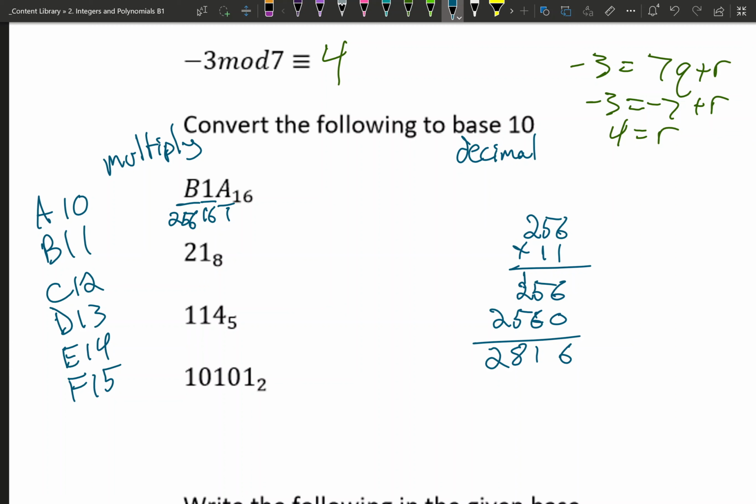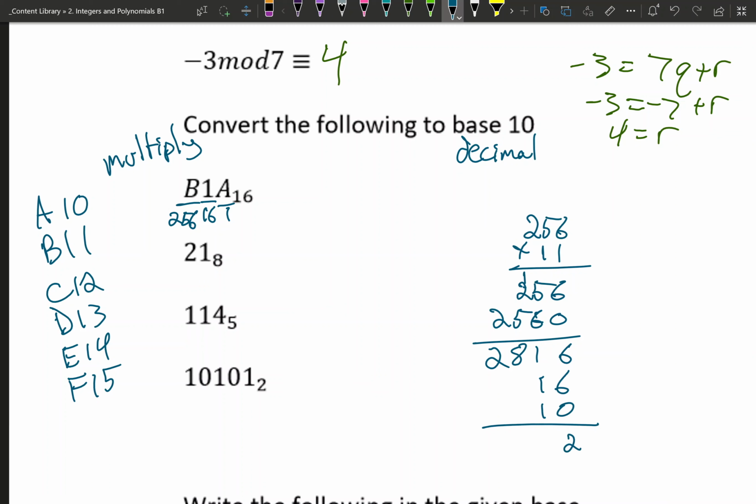So we have 2,816 coming from the 256s place. Then we have to add that to 16 because we have 1 in the 16s place. And then since A is 10, we need to multiply 10 by 1 because there are 10 ones. So we add all this together, and actually I'll just do it here.